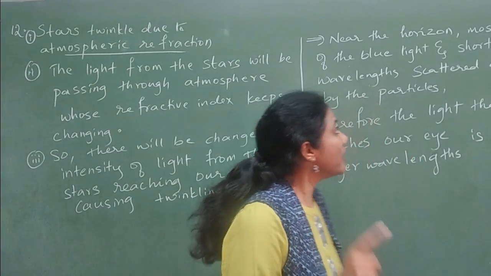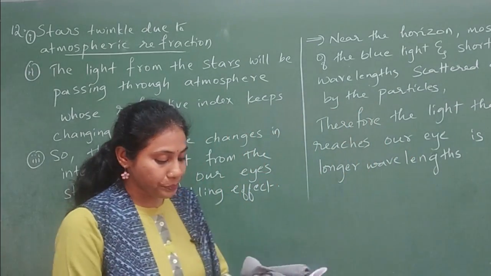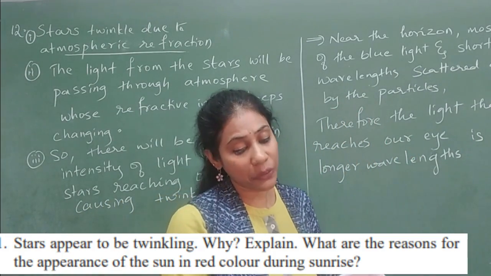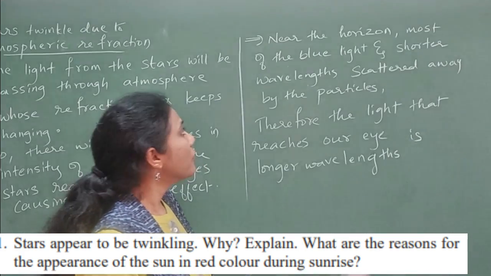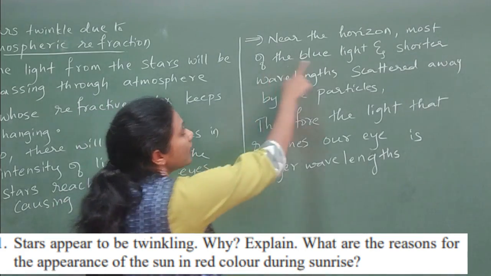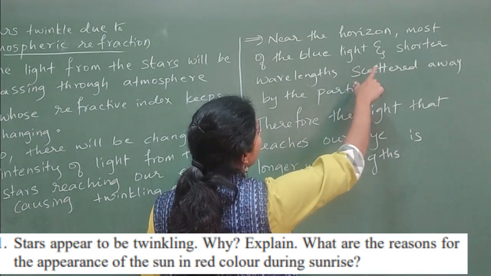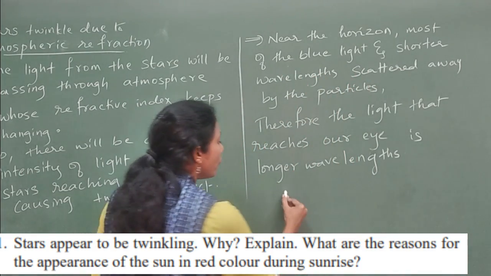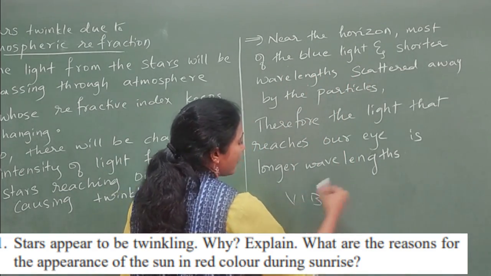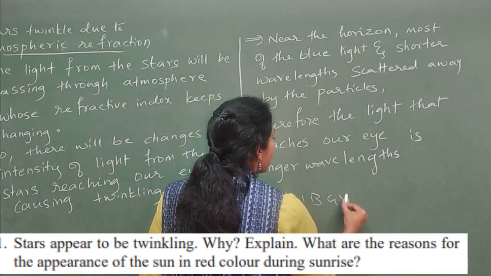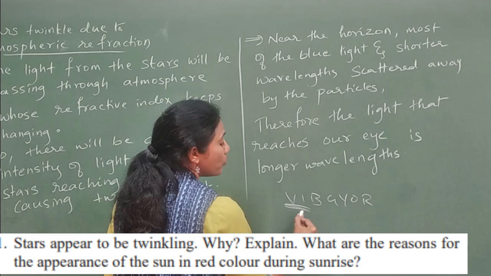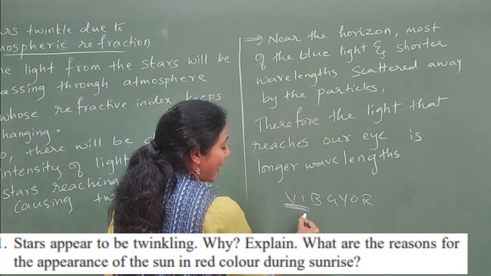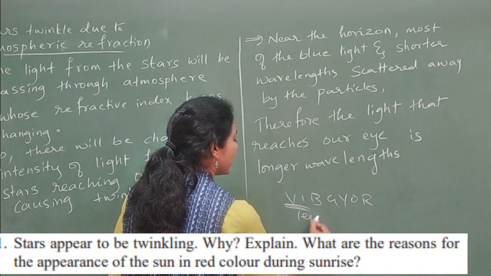And coming to the next question, why does the sky appear red during sunrise and sunset? The reason: here also very simple, near the horizon most of the blue light and shorter wavelengths are scattered. So among the 7 colored radiations, we all know that violet, indigo, blue have very less wavelength, right?